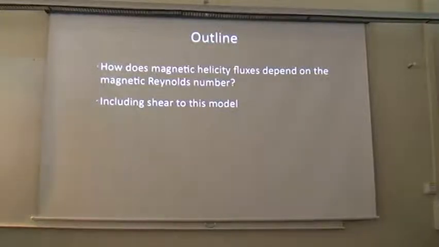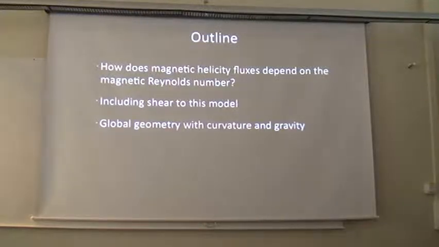Then one thing is to include shear in the model and look at what happens. And one important thing is looking at the global geometry, with curvature, and also including gravity to get a bit more realistic to the Sun.